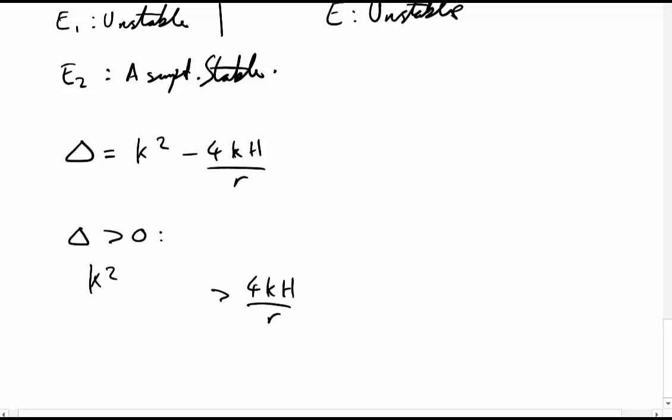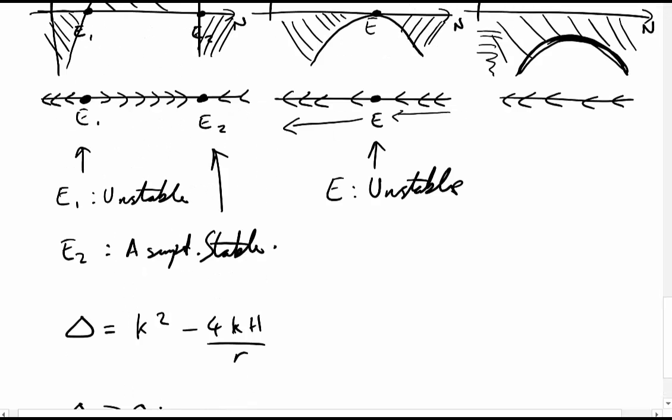Okay, divide through by k, multiply through by r, and divide through by 4. Okay, so let's rewrite this out. So h is less than kr upon 4. Okay, there's a stable population size at E2, so there will be a stable population size.